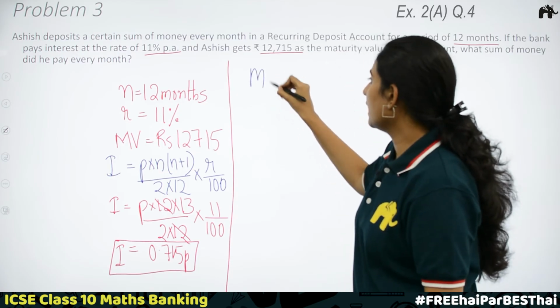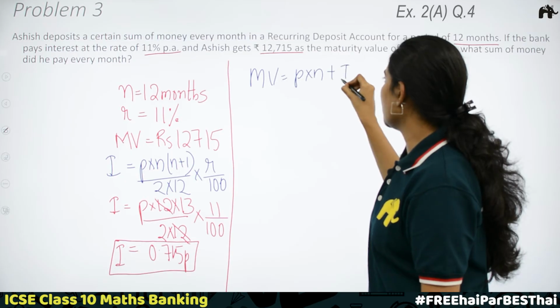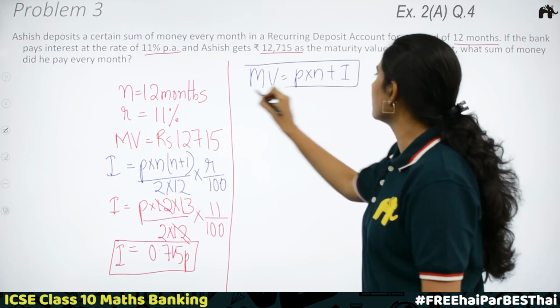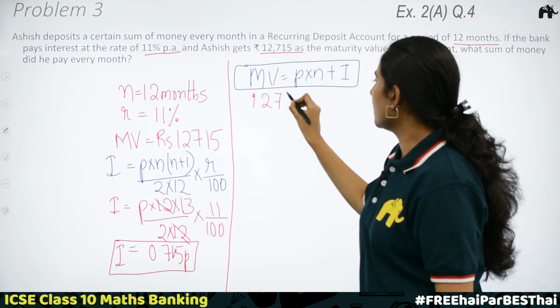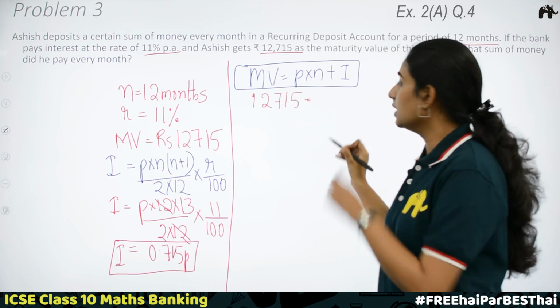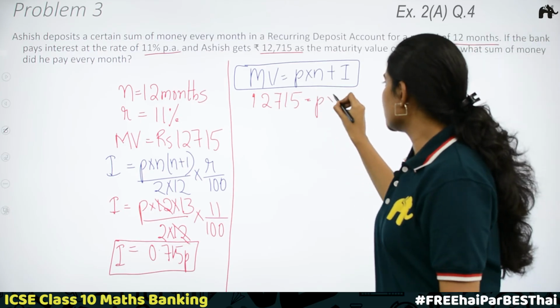Maturity value MV is equal to P into N plus I. Here, substitute 12,715 is equal to P into N. P, keep it as it is.